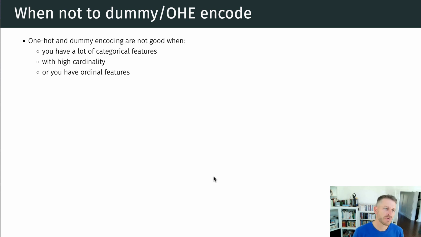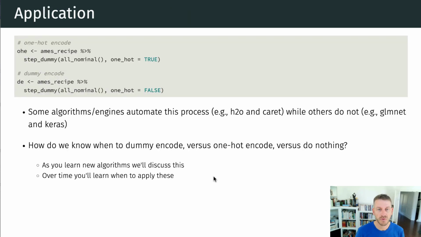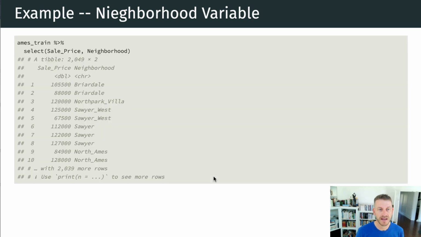All right, so dummy and one-hot encoding are not always the best approaches to use. This comes into play when we have a lot of categorical features, or what's called high cardinality. That means within a given categorical feature we have many values, like what we saw back here, we have many neighborhoods.